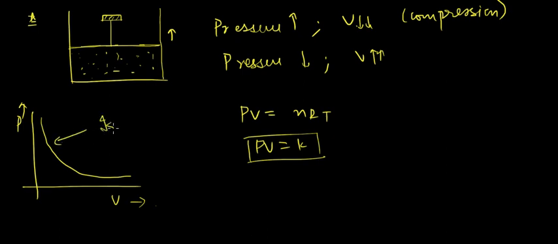And as temperature is constant, we can say that this graph is isothermal. Obviously we also have constant n and T.